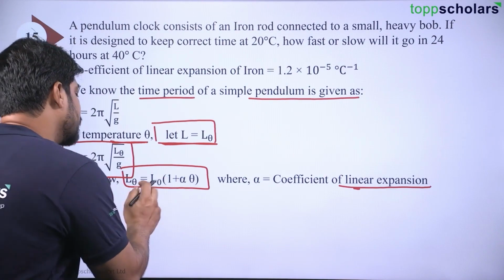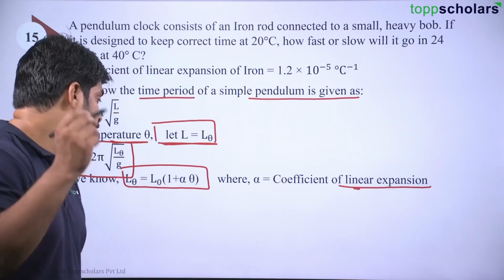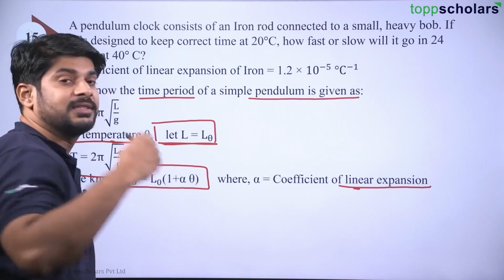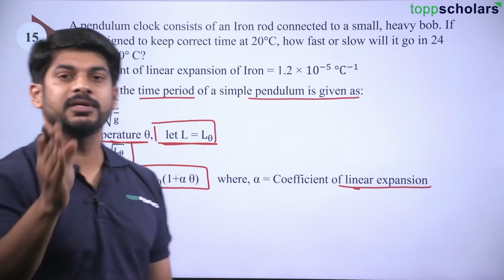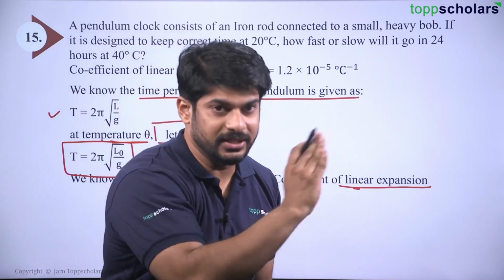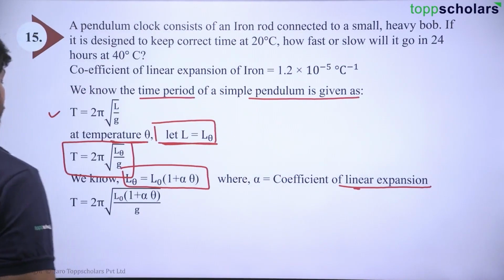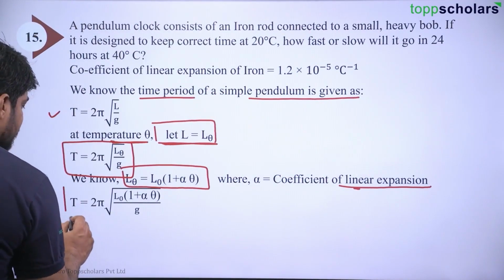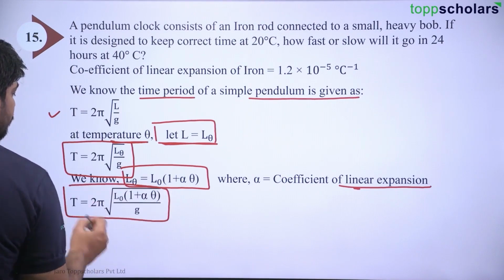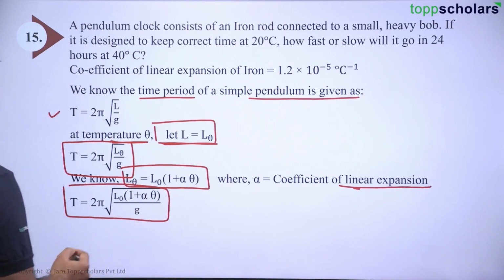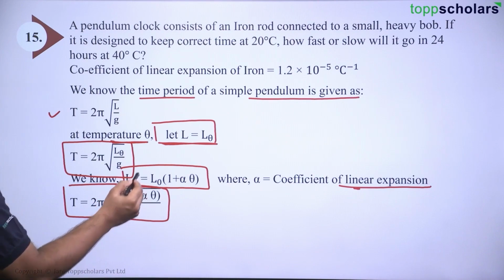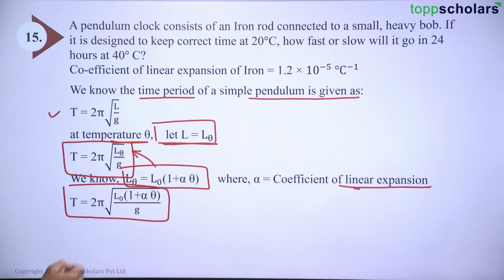So L theta is equal to L naught into 1 plus alpha theta. L naught is nothing but the length at 0 degrees Celsius, or we can say the initial temperature. Therefore T is equal to 2 pi under root L naught times 1 plus alpha theta. We have just put the value of L theta in this equation, and we got this.